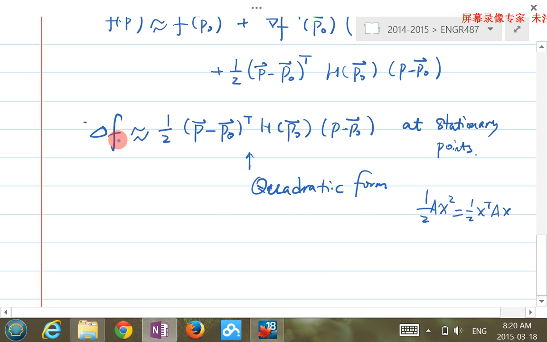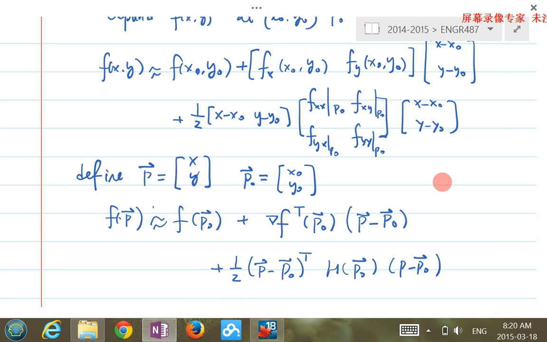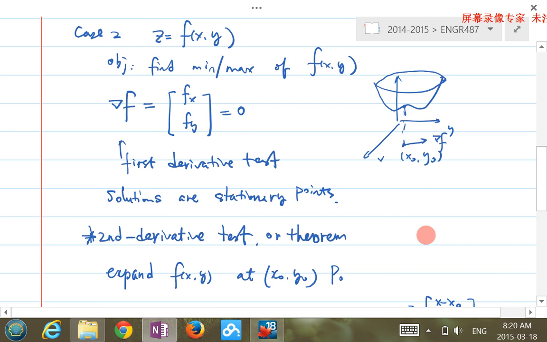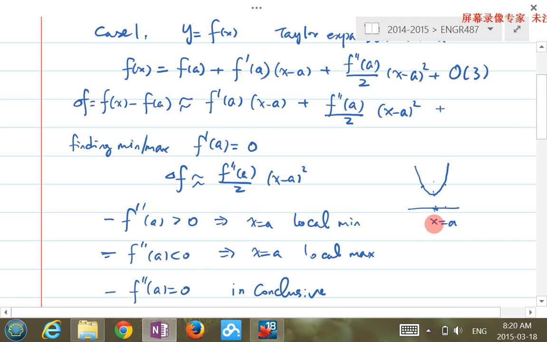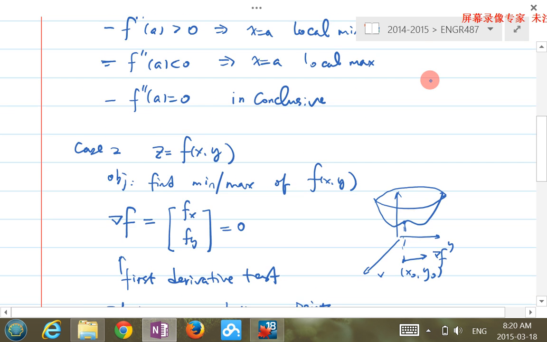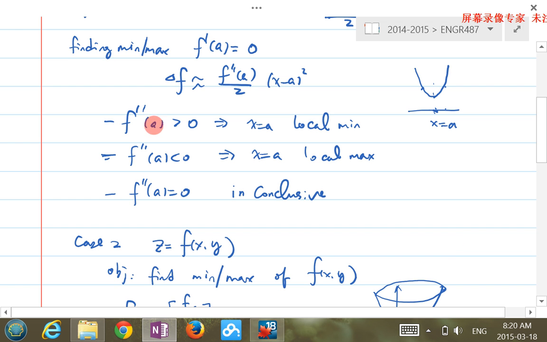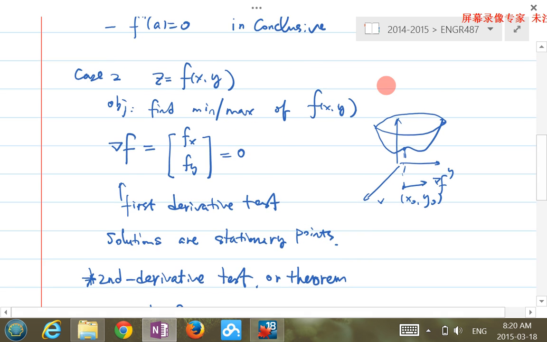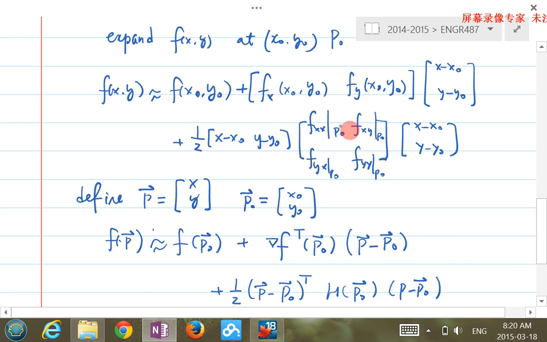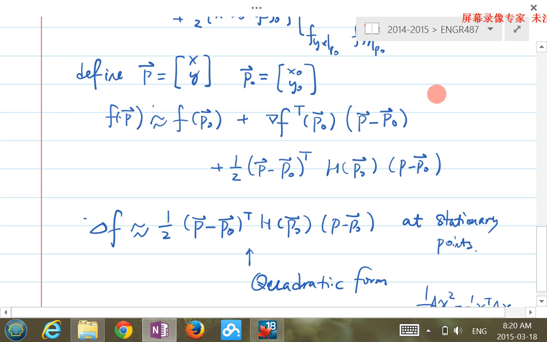This Hessian matrix is essentially like the second derivative. But the second derivative is a scalar quantity, so I can check whether it's greater than 0 or less than 0 by looking at its value. But this is a matrix, though this whole quantity is a scalar.